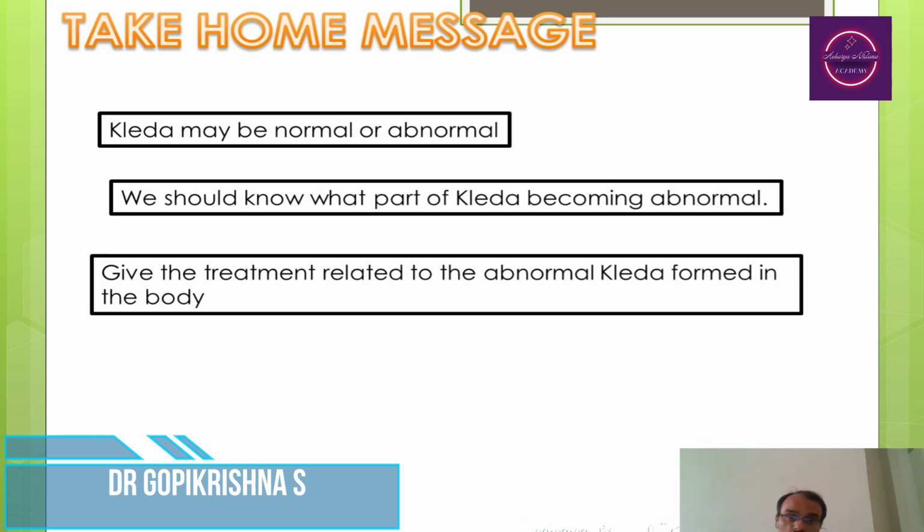It may be in the form of decreased or increased fluid. Next point, we should know what part of Kleda is becoming abnormal. That has to be known. And you have to give the treatment related to the abnormal Kleda formed in the body. Then only proper treatment is possible.